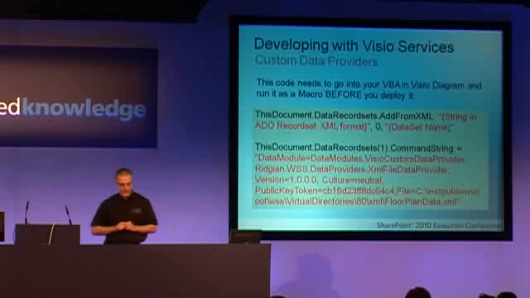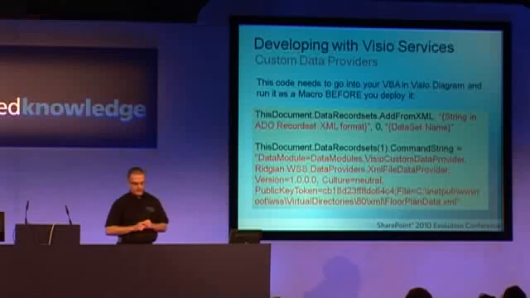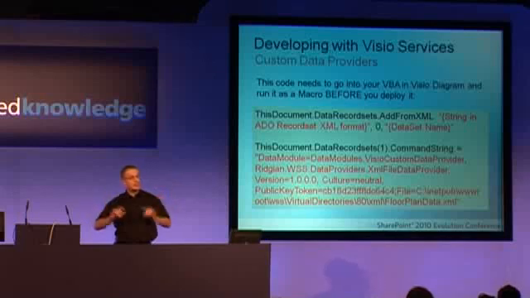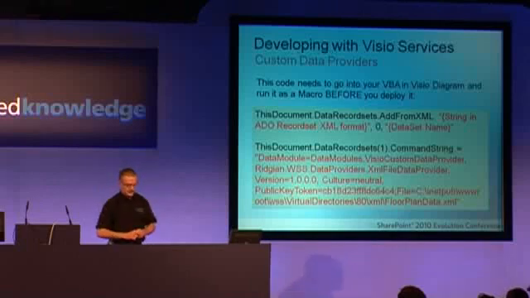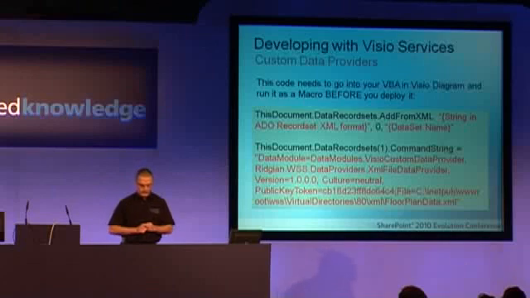So you have a little element there called ThisDocument, which refers to the actual Visio document, DataRecordsets.AddFromXML, and a string in the ADO record set XML format. So basically a classic ADO schema XML document, and then just a name for the data set, just like in ADO.NET, any old name. Then you have this thing called a command string.